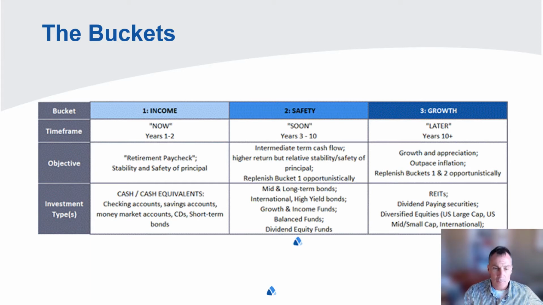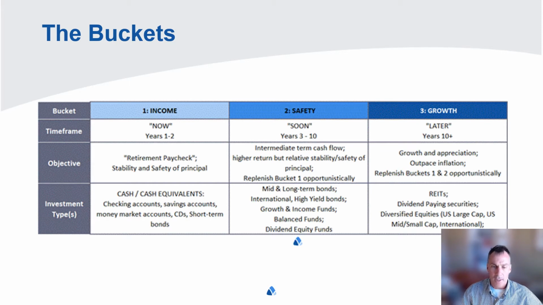So because it is your paycheck, it's paramount that you have stability and safety of the principal as objective number one. So you don't want this money exposed to the ups and downs of the market. The investments that are appropriate for this bucket are obviously cash and cash equivalents, your checking accounts, savings accounts, money market accounts, and so forth.